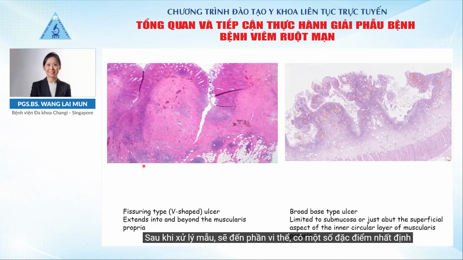After sectioning, down the microscope, there are certain features about the ulcer character that can help you distinguish between UC and Crohn's.